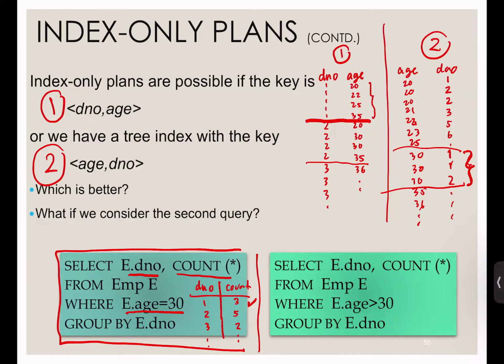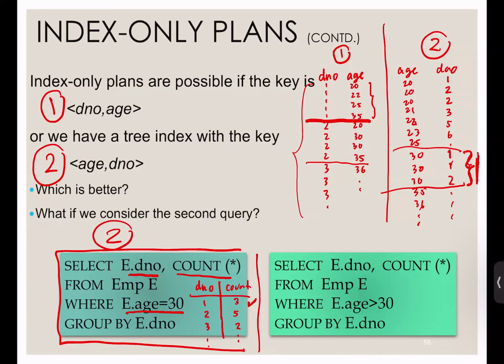So I count DNO 1 first, and then I get the number and then go to 2, 3, 4, 5. So that's the portion of the data that I have to look at. But if I go with number 1, the portion that I have to look at will be larger, right? Okay, so for this one, I go with number 2.